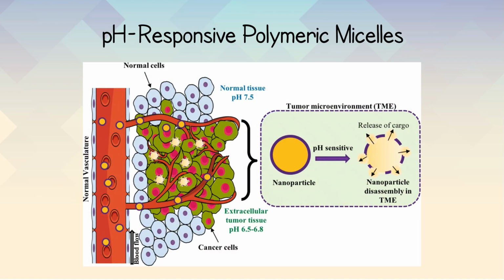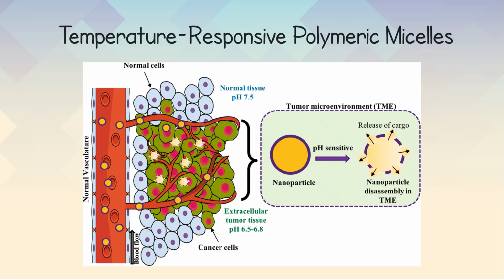Due to the abnormal metabolism and protein regulation of tumor cells, acidic microenvironments form at tumor sites. At these acidic microenvironments, pH-responsive micelles can be changed by chemical bond dissociation, resulting in targeted drug release. Temperature-responsive systems can also be used to deliver drugs to tumors, as the temperature of tumor tissues is slightly higher than that of surrounding normal tissues.